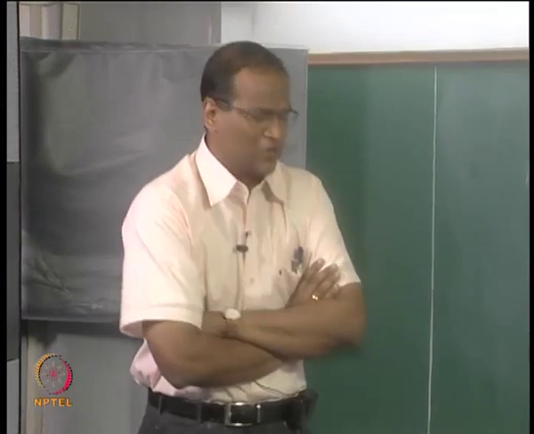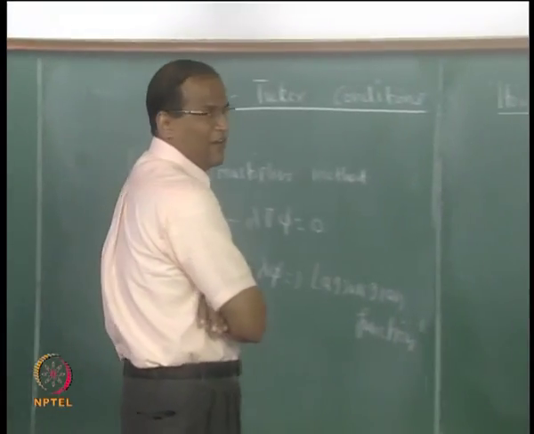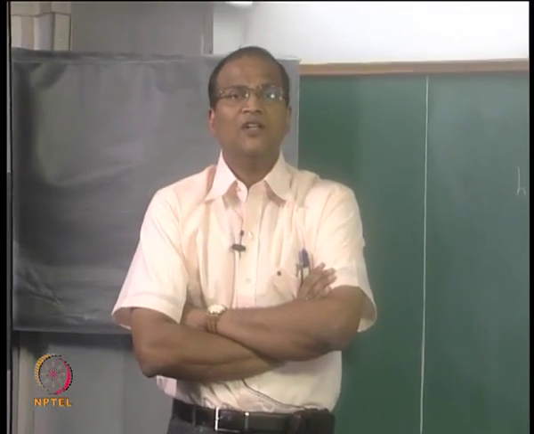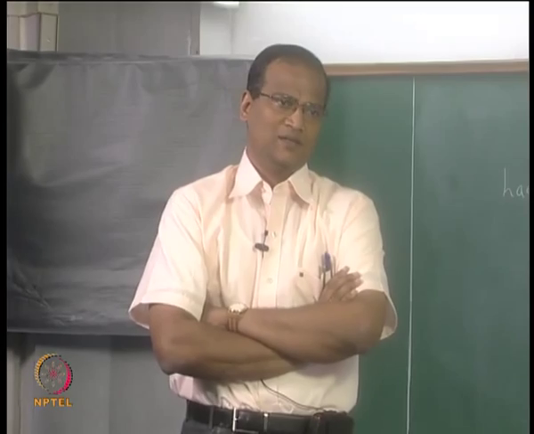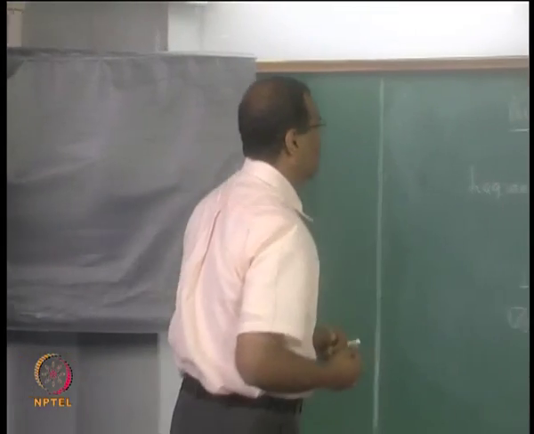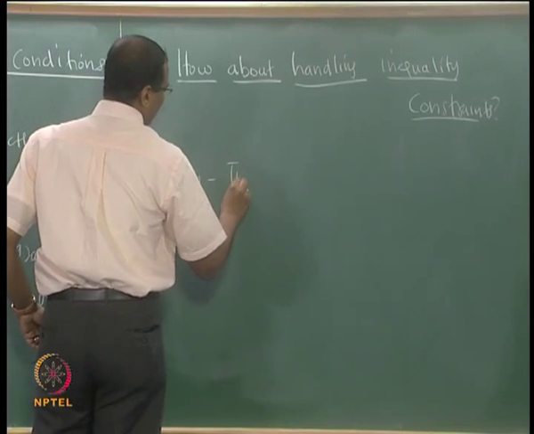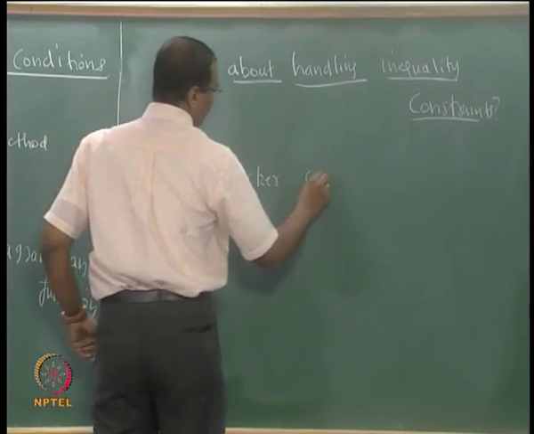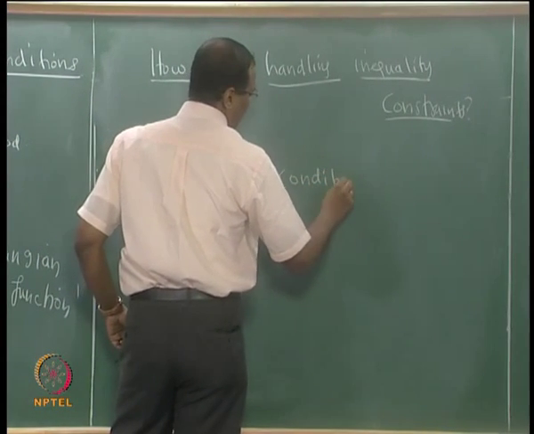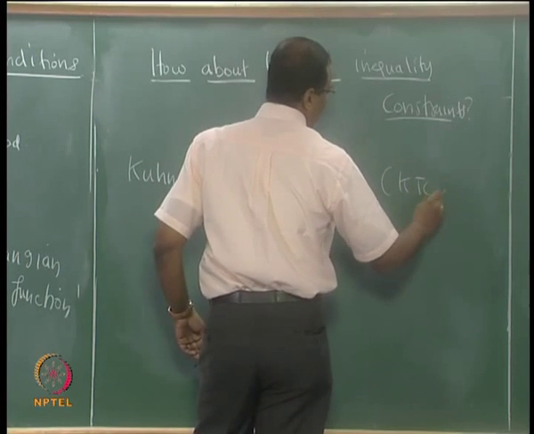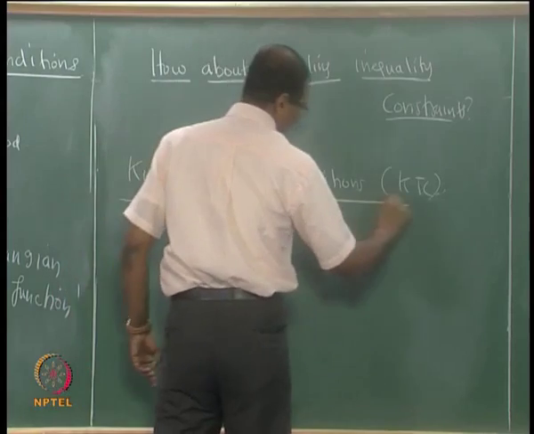So this problem was thought about by Kuhn and Tucker, at the mathematics department at Princeton University. So they came out with these Kuhn-Tucker conditions, okay. KTC or KTCs.